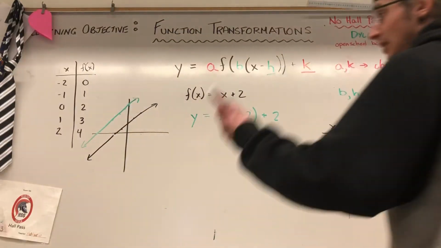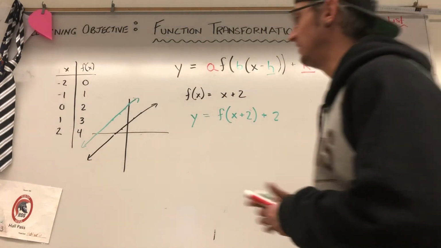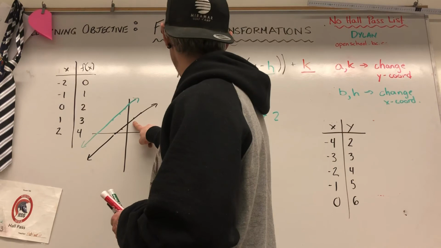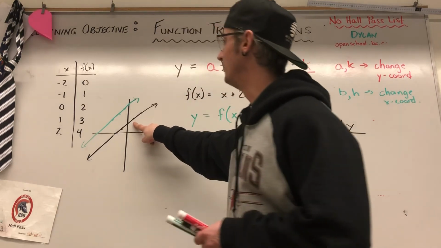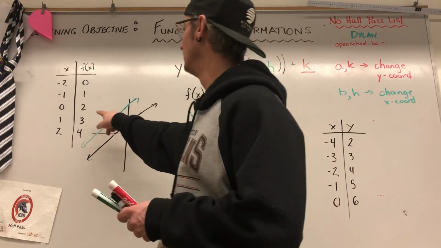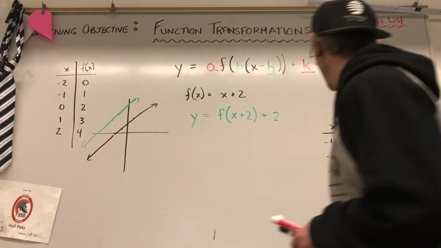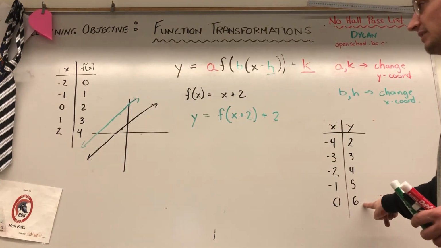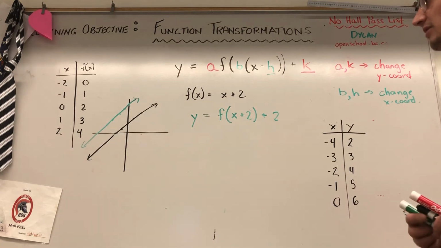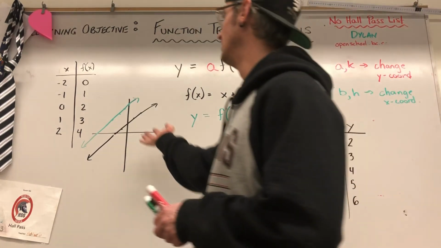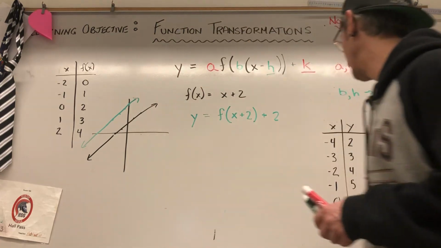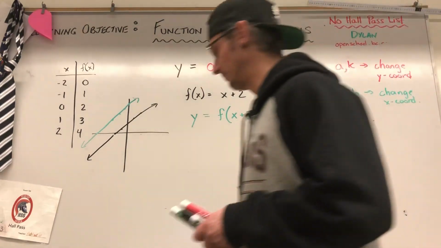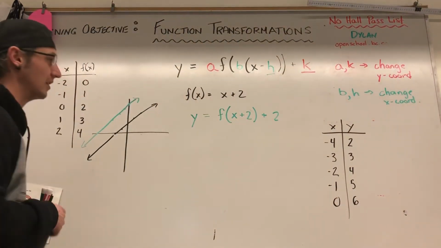Okay? And you can see here that my y-intercept went from occurring at f of x is equal to 2 to occurring at f of x is equal to 6. So this shift caused an increase of my y-intercept by 4. But that's just something you can kind of pick up on.